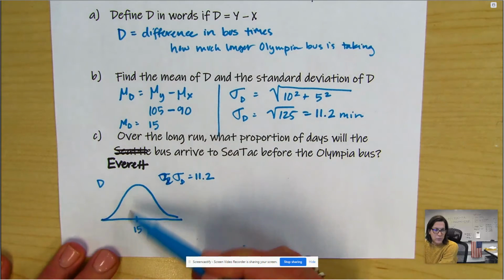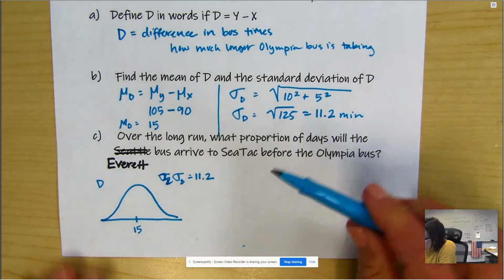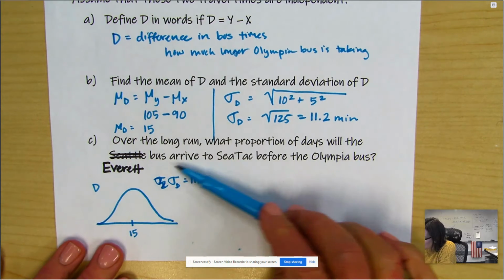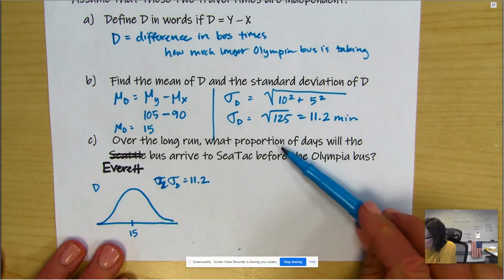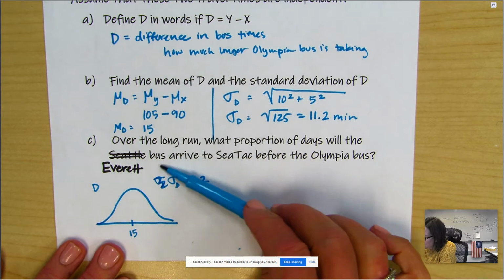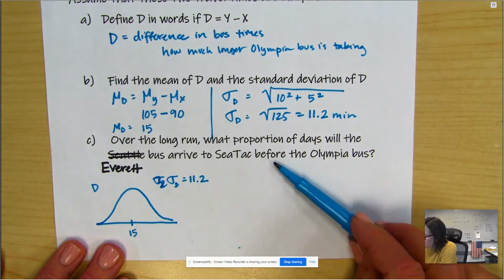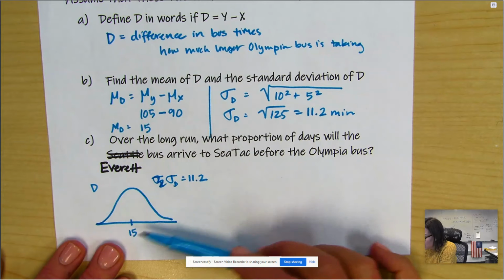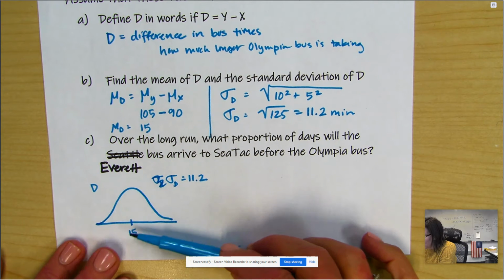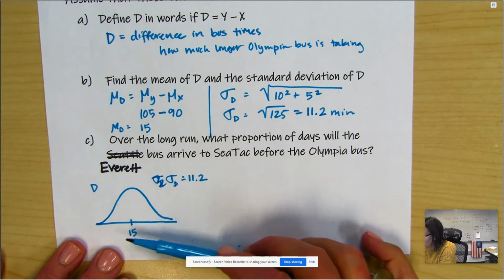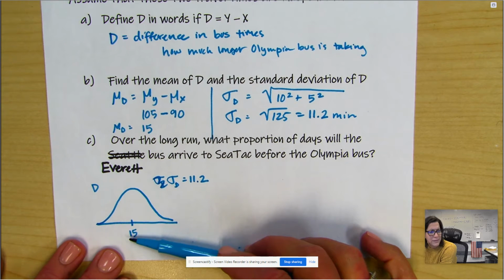So here's where that weird zero comes in, right? What proportion of days will the Everett bus arrive at SeaTac before? Well, the Olympia bus is typically taking longer. So as long as these numbers are greater than 0, it means that Everett is getting there before, because Olympia is taking longer.